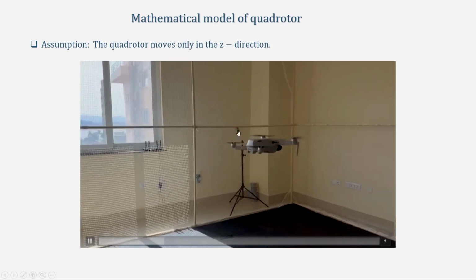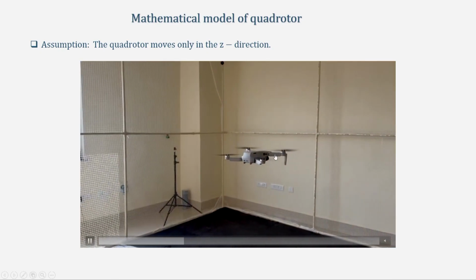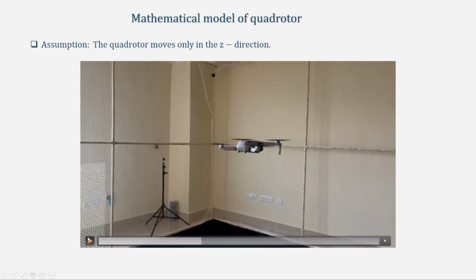Now what happens in a quadrotor is all the 4 rotors in this case are rotating at exactly the same speed, and as a result of that they are creating a thrust. Since we have put the assumption that it cannot move in the other directions, we are only concentrating on the altitude change of the quadrotor.